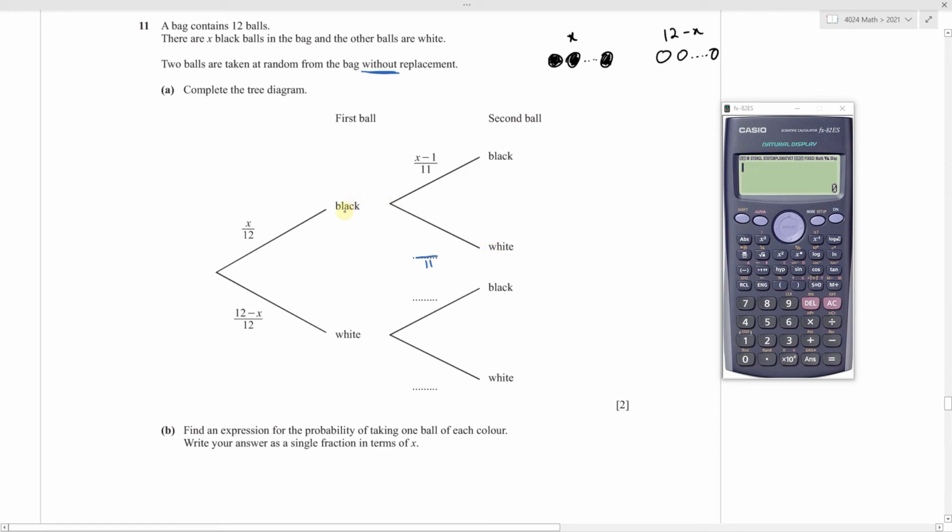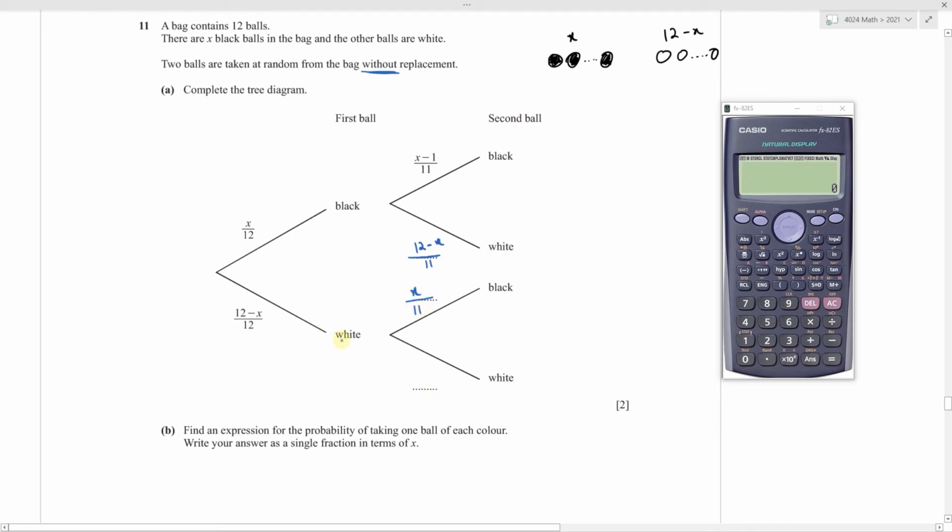Since the first one was black, you still have the original number of white balls, which is 12 minus X, out of a total of 11 remaining in the bag. Now if you choose first white, how many blacks are remaining? Same number, X, because the first one was white. And how many total balls are remaining? 11, so X over 11.